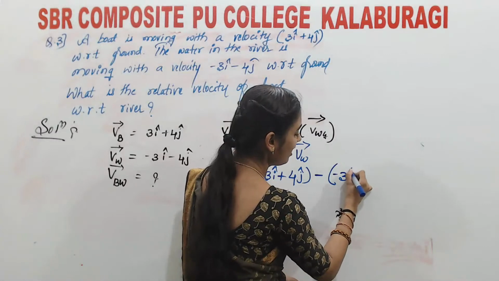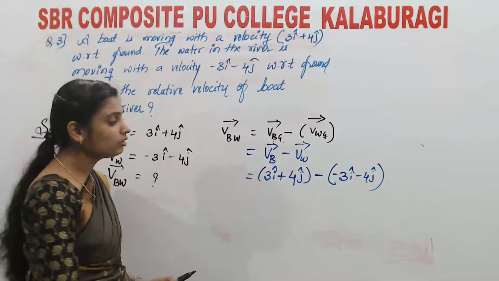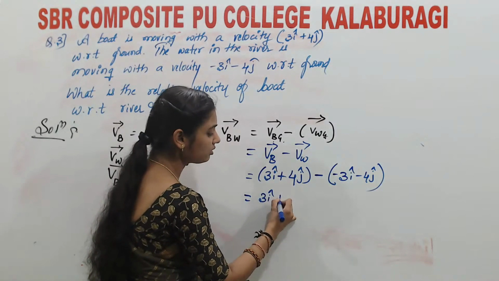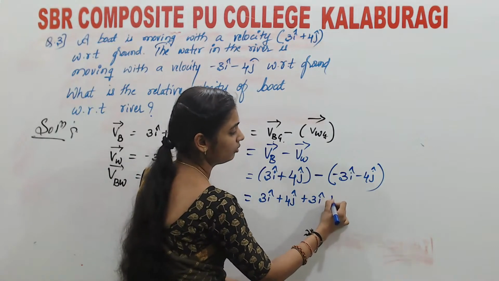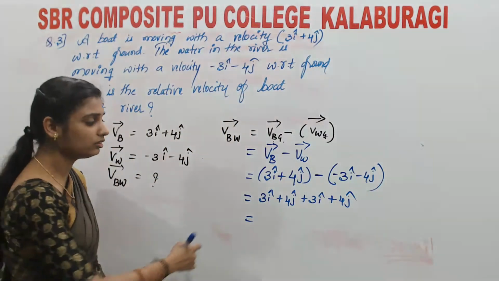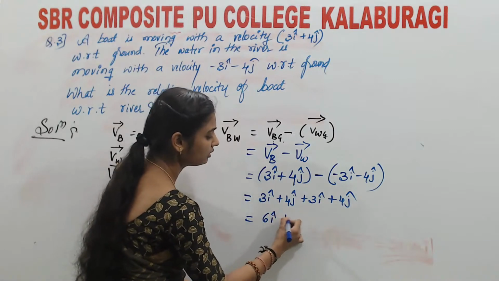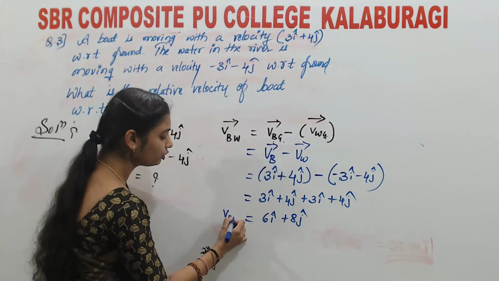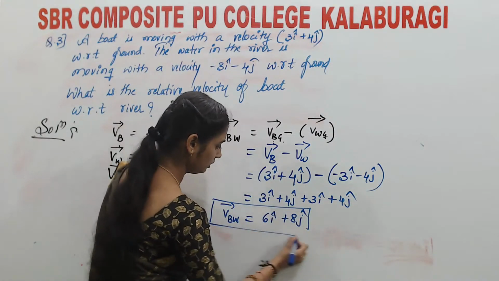So now solve it. What you will get? 3i cap plus 4j cap plus 3i cap plus 4j cap. So 3i cap plus 3i cap is 6i cap, plus 8j cap. This is the velocity of boat with respect to water which you have to get.